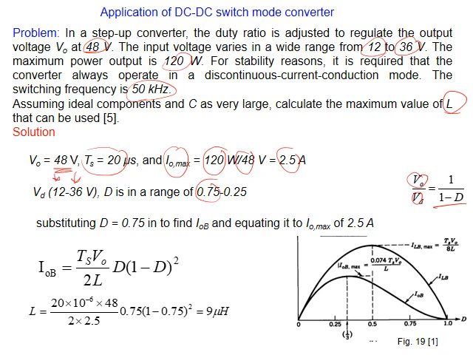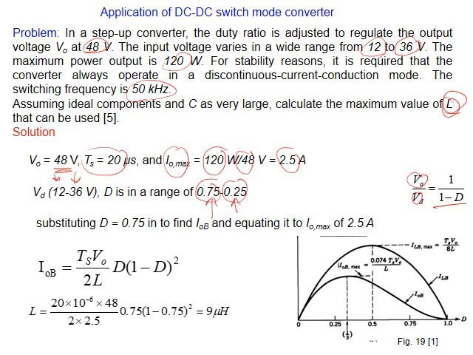So I got two values for the duty cycle. Now what he told me is highest inductance. With highest inductance, the current will be small, right? So which one will you select, this D 0.75 or 0.25?